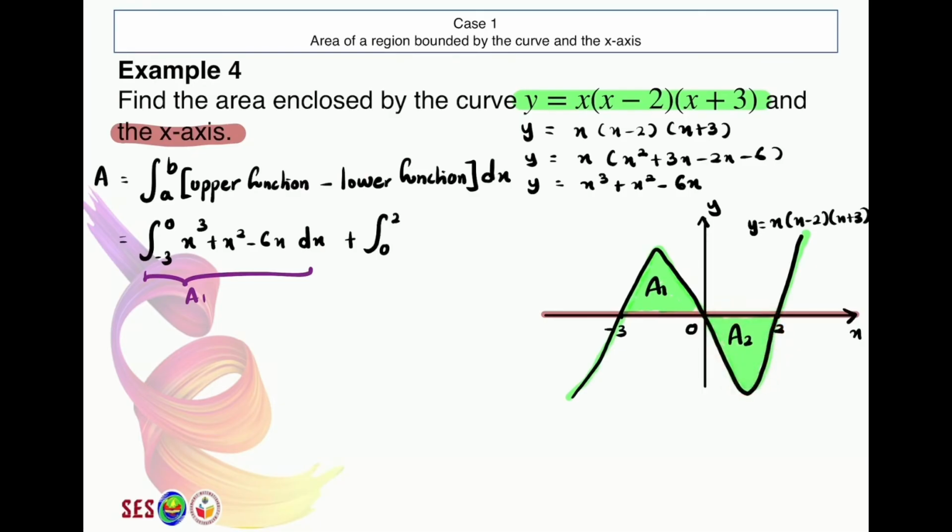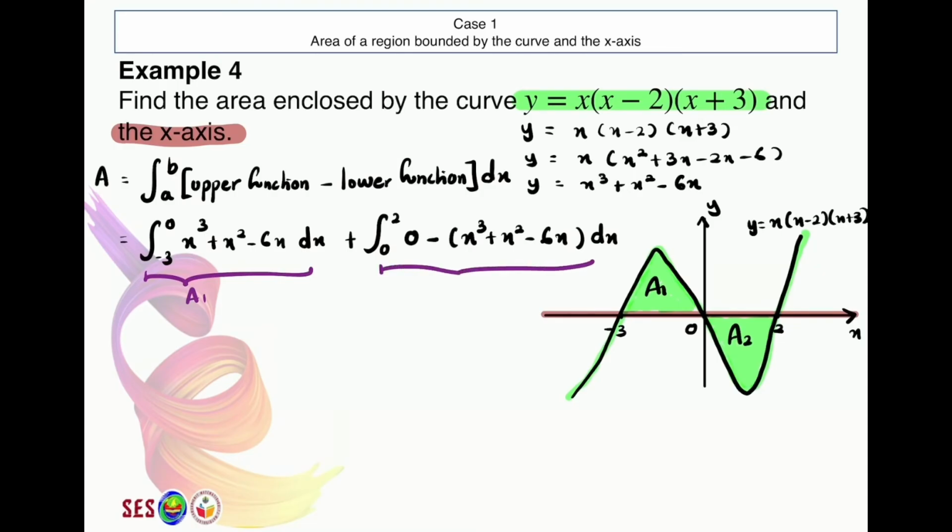The upper function is the x-axis, so y equals 0. So 0 minus our curve function, which is x to the power of 3 plus x squared minus 6x. This right here will be the area for A2.